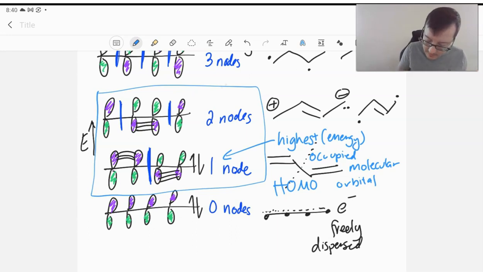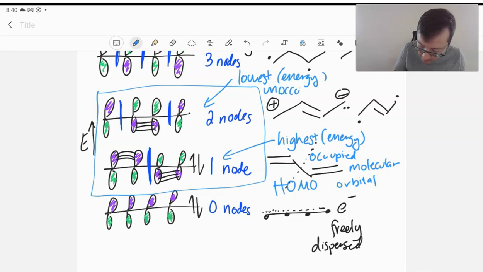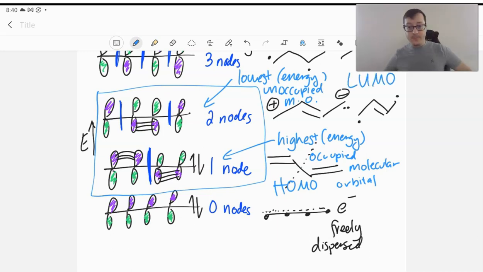And this one, the one that doesn't have any electron, is our lowest energy unoccupied, no electrons are in it, molecular orbital, or LUMO. And so at any given molecule, that's specifically talking about conjugated systems, the orbitals of interest to us are the HOMO and LUMO.